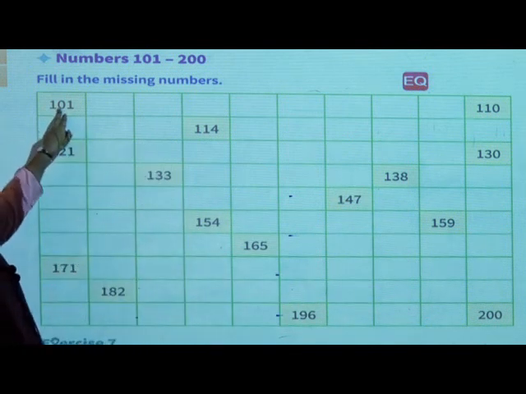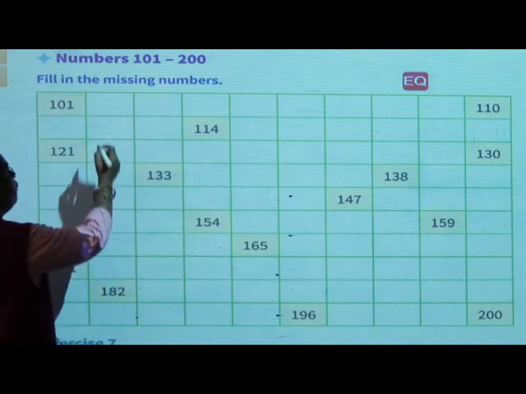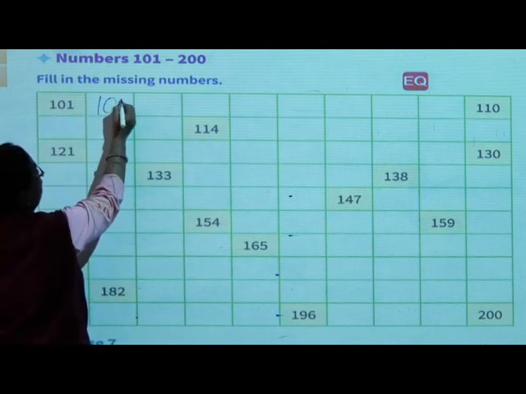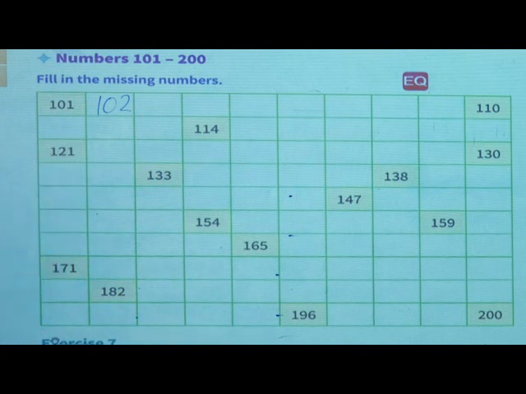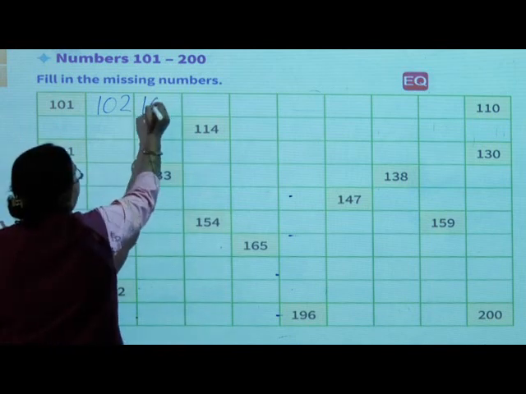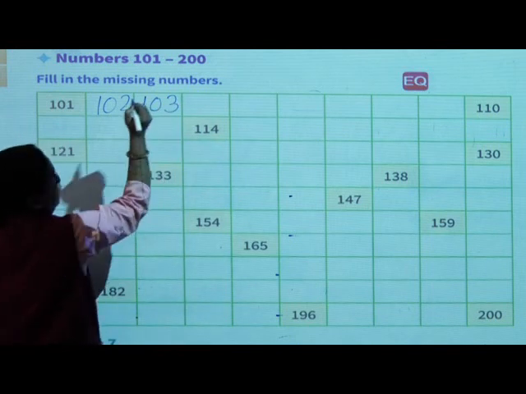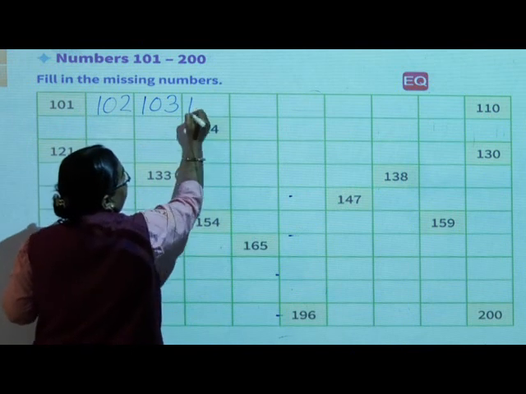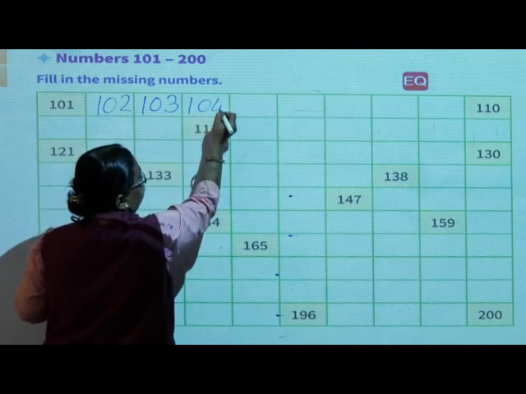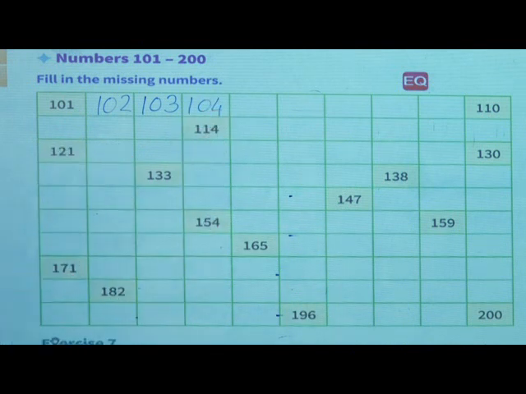101. Now 101 means 102. Then after 102, 103. Then 104. What will come next?